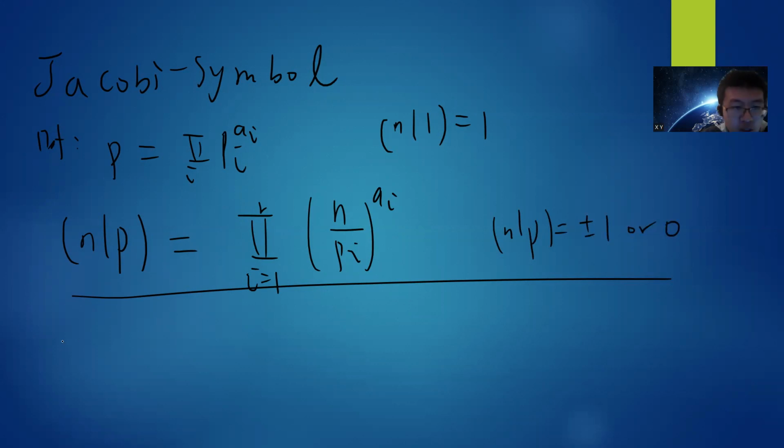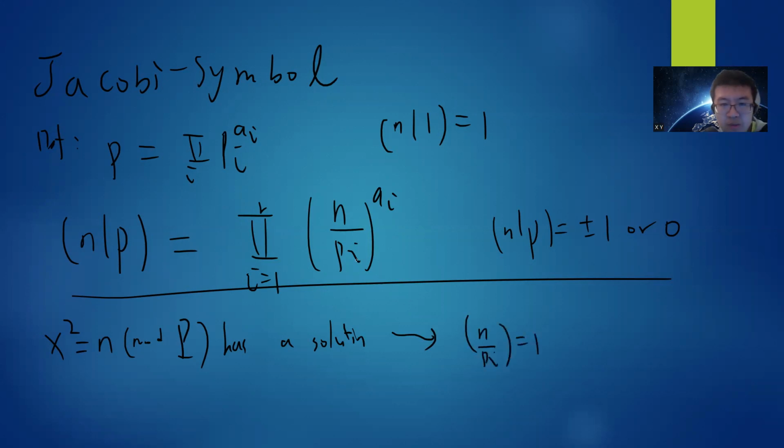So the idea is that if x squared equals n mod p has a solution, that means you must have the Jacobi symbol equal to 1, since each Legendre symbol is 1, but the converse is not true.